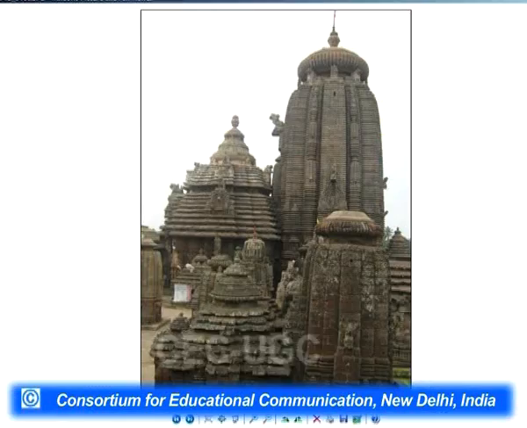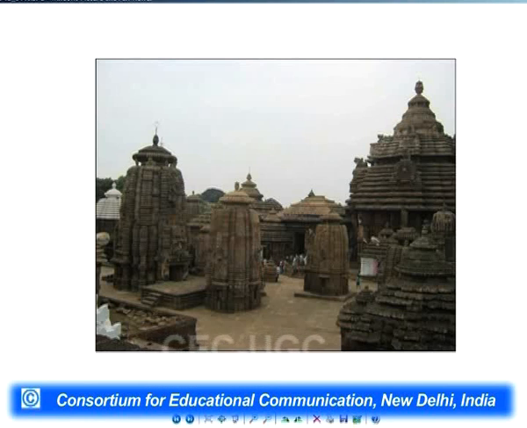and these temples, as you can see in the next figure, this is Lingaraja temple, which is a large complex with very good number of subsidiary shrines. This temple is dedicated to both Shiva and Vishnu, and the smaller shrines and especially the superstructure of Jagmohan is a typical example of Pidha Deul.